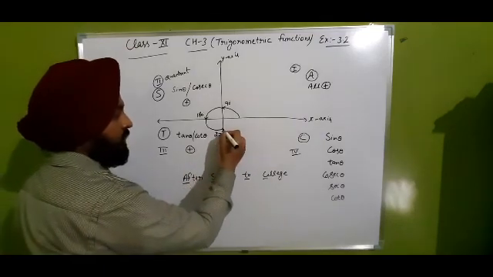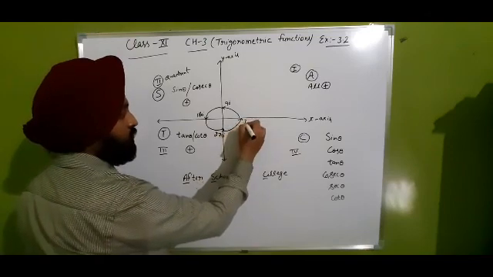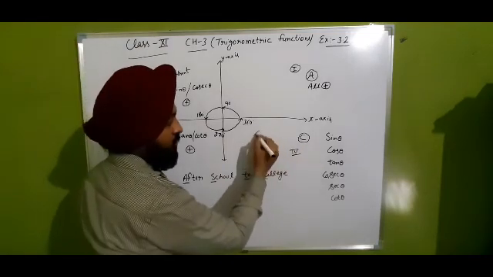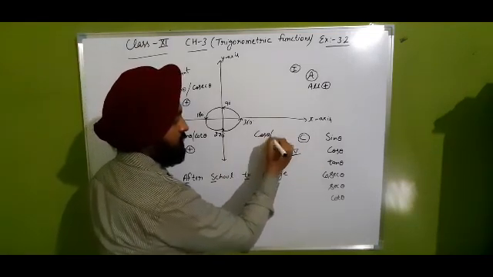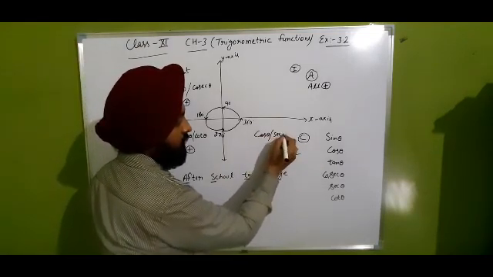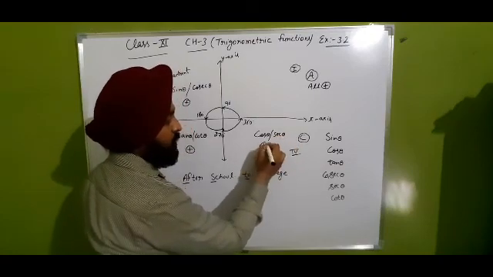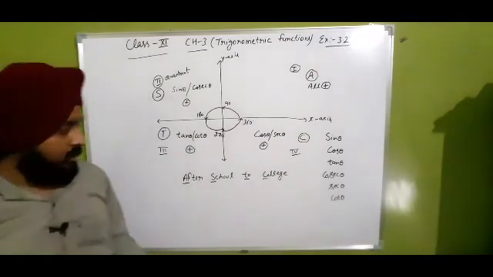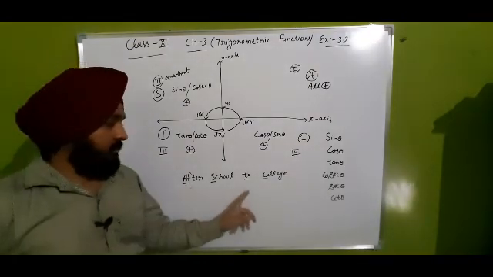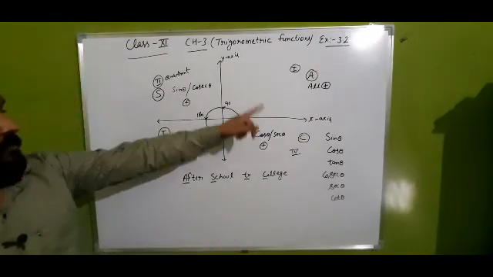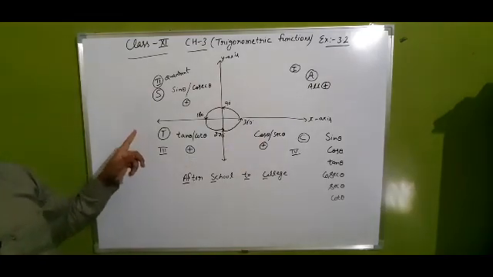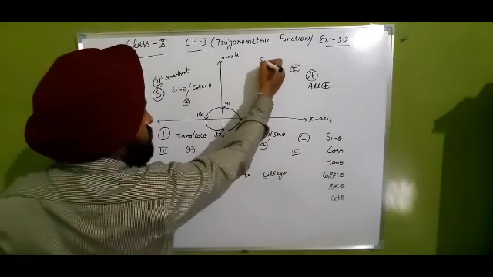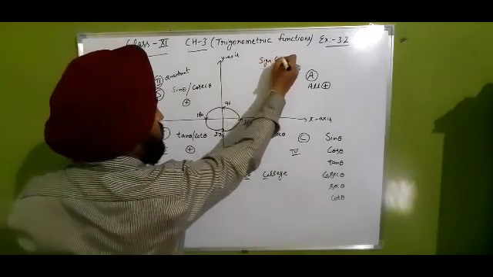Similarly, when theta lies from 270 degrees to 360 degrees, C stands for cos, and its inverse is secant theta. These two only will be positive, and other ratios will be negative there. Understood? I repeat, you have to learn this line for the Cartesian plane to remember the sign conventions.